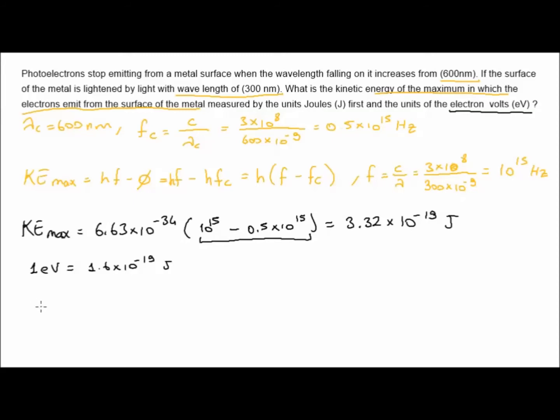So 3.32 times 10 to negative 19 times 1 eV over 1.6 times 10 to negative 19.